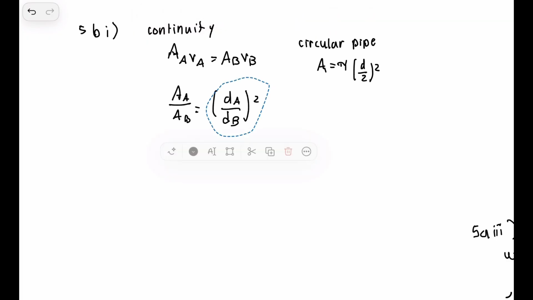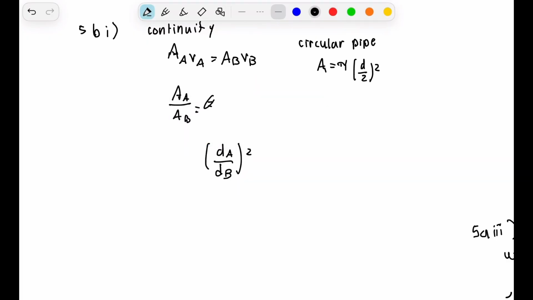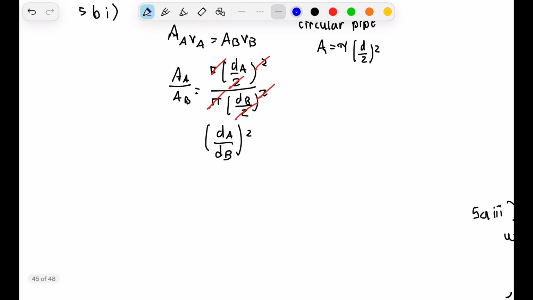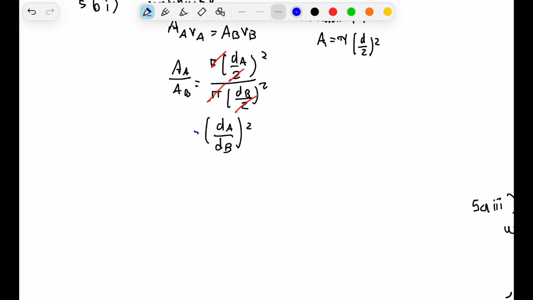That's because we had pi dA over 2 and then pi dB over 2 squared. And we can cancel out everything else. Actually, let's leave that square in because we didn't distribute that square yet, so we need to.